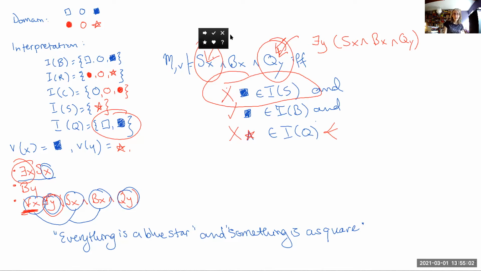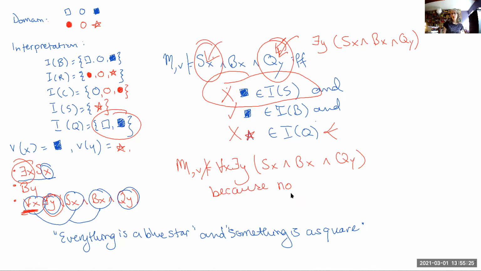So here, this is going to end up being false because, so you just write this out. It is false that for every x, there is a y. X is S and B, and Y is Q.